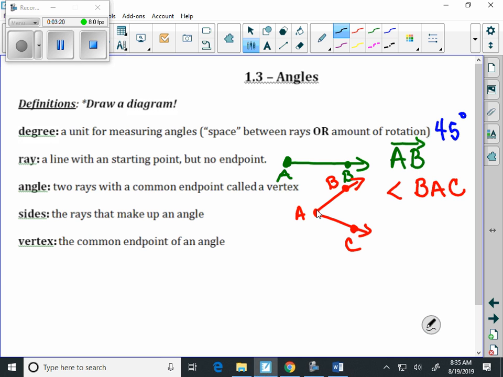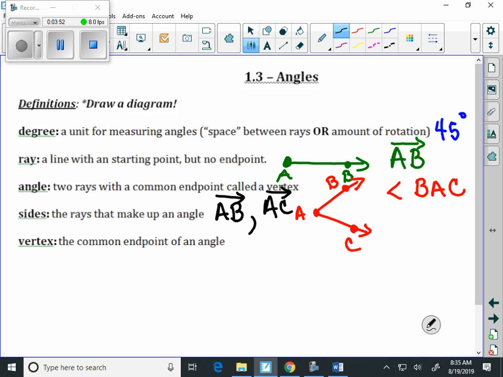So when we get to the sides here, still looking at that red angle, the rays that make up the angle are sides. Ray AB is a side, as well as ray AC is a side. And I do want to put A first because A is the starting point.